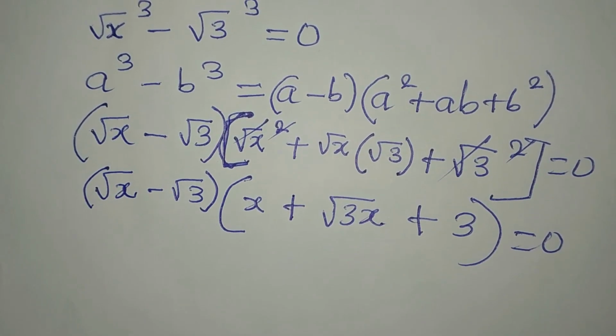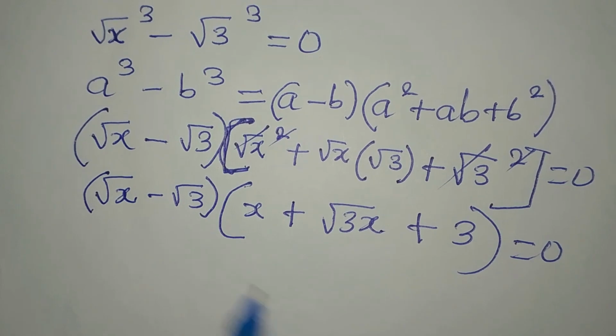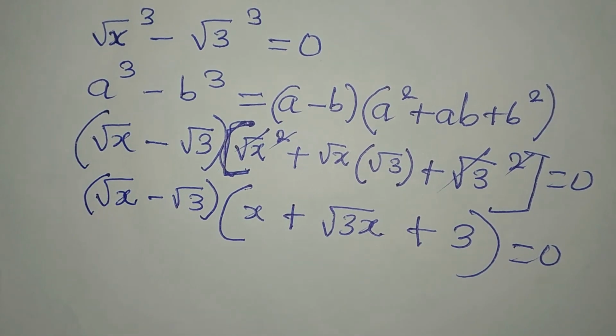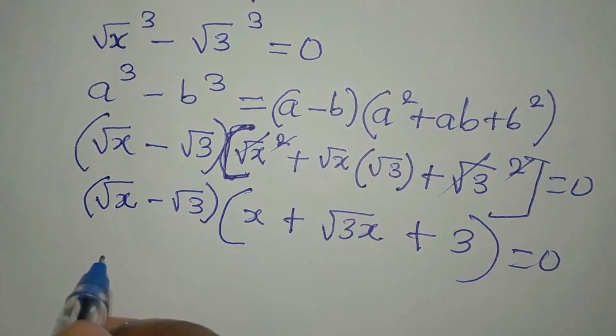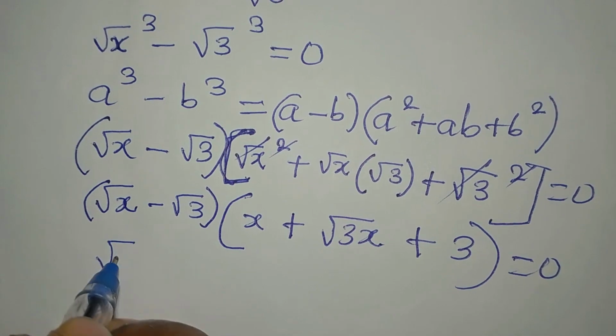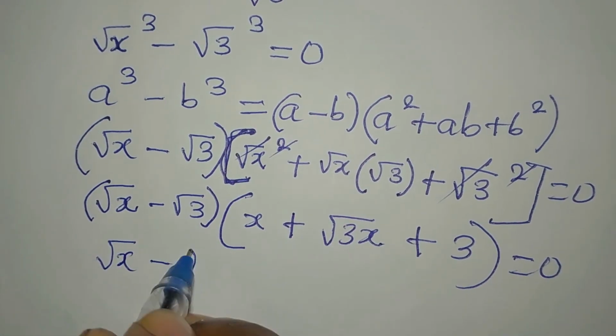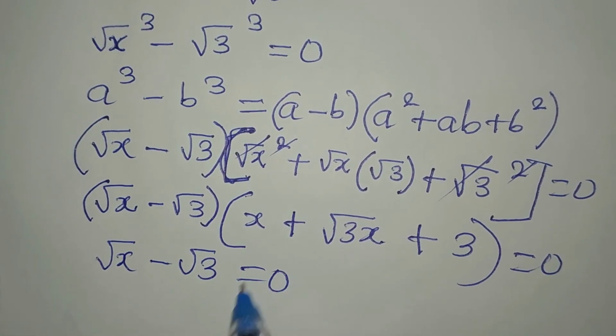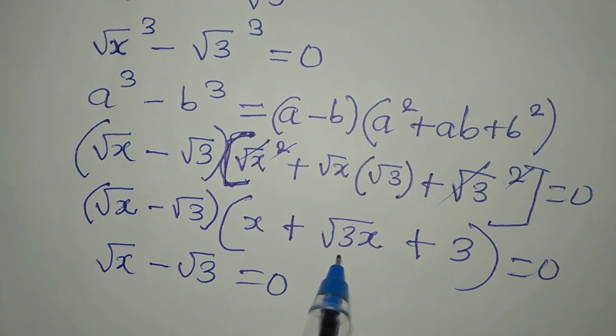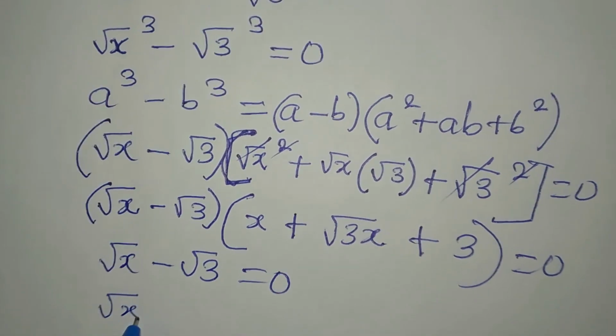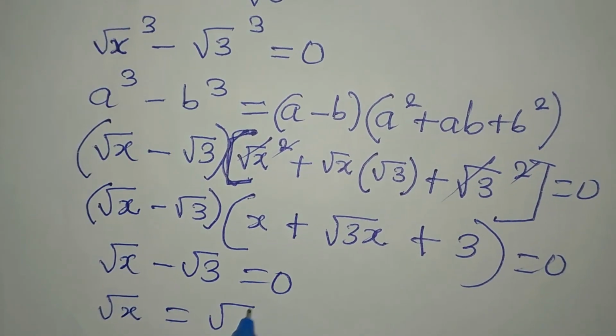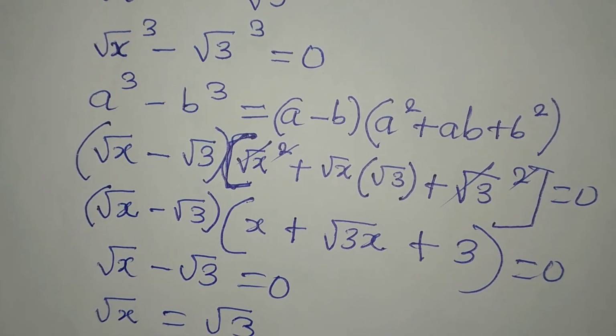We are going to say that either of these is equal to 0. So from here now we have square root of x minus square root of 3 is equal to 0, or, I pick this, square root of x is equal to square root of 3.